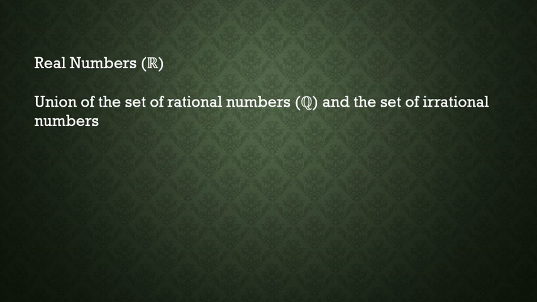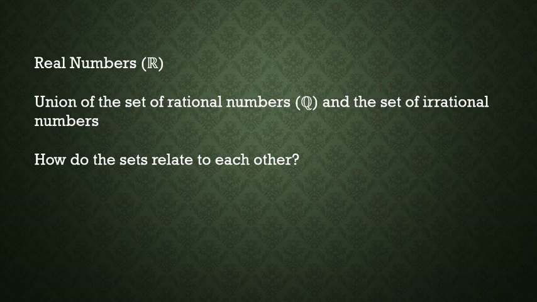So, the real numbers, in some sense of a simple definition, is the union of the set of rational numbers and the set of irrational numbers. But how do these sets relate to each other? And I'm not talking just the set of rational numbers and the set of irrational numbers.